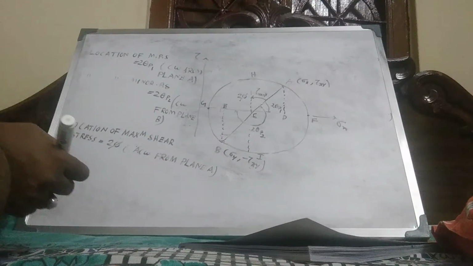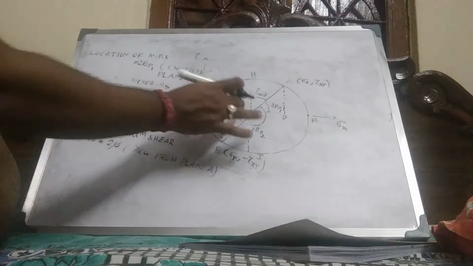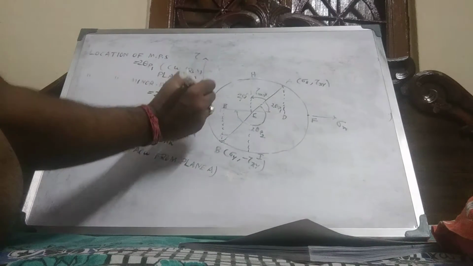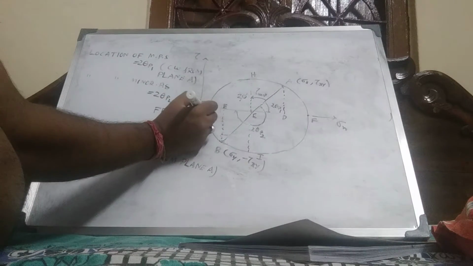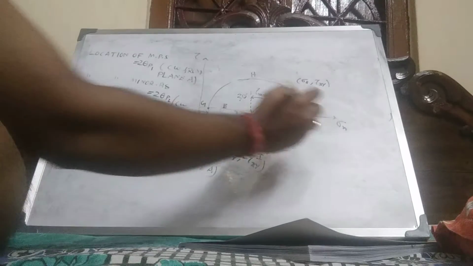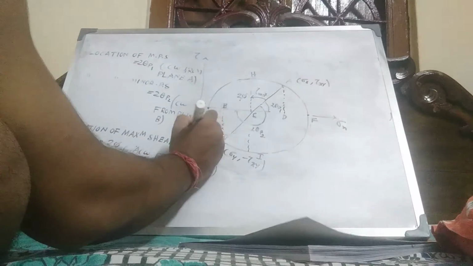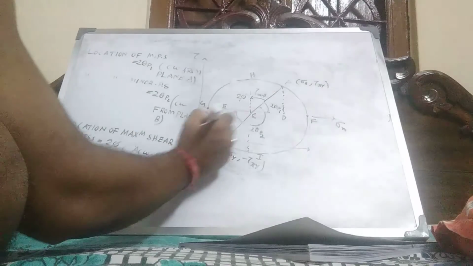Now calculate the center of the Mohr circle. This is sigma 2, and this is sigma 1.